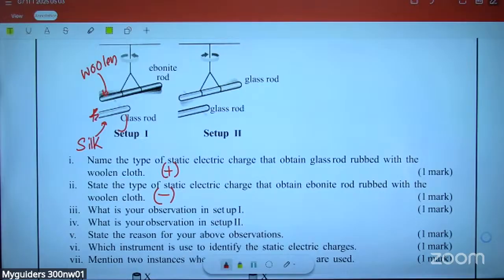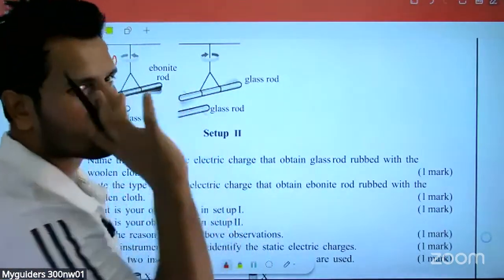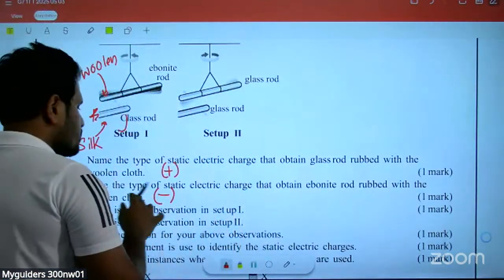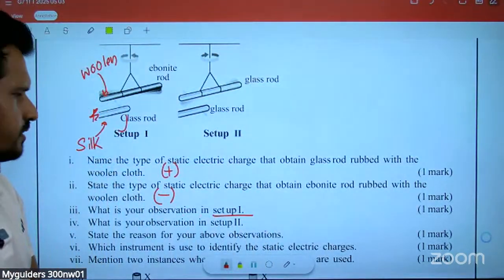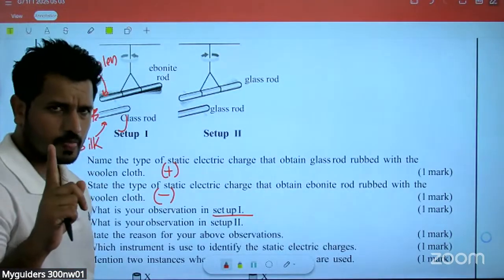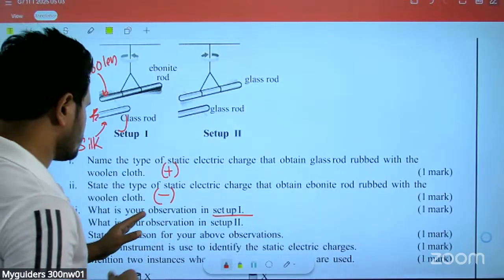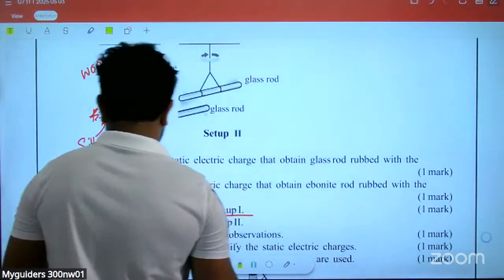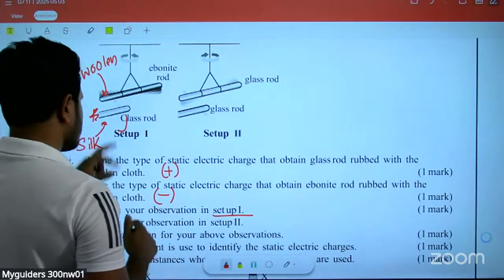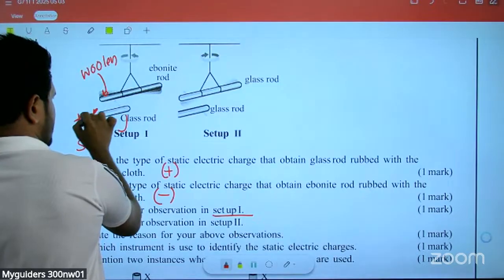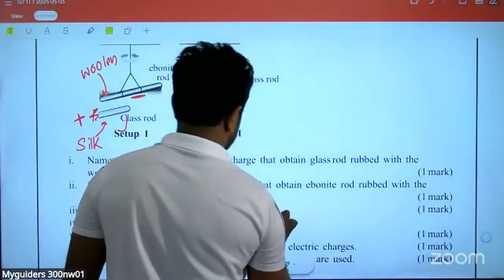So what is your observation in step 1? When you rub this with a silk cloth or even a woolen cloth, this will gain a positive charge, while this gets a negative charge. So positive and negative will attract.